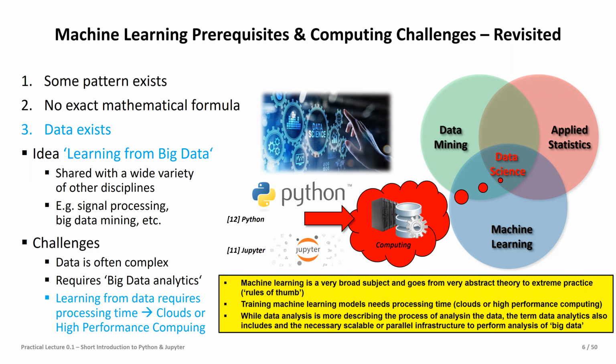But if you had a mathematical formula, like for instance they have in the physical areas, physics for weather, which is relatively well understood, then you would rather implement this formula. So machine learning is usually about data, and these days learning from big data is really a big thing. And as you see, it's not really something for machine learning alone, it's data mining, applied statistics.